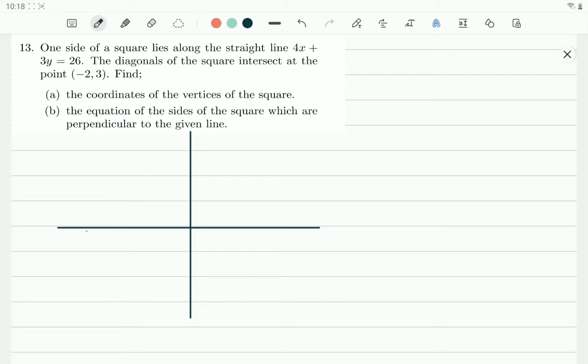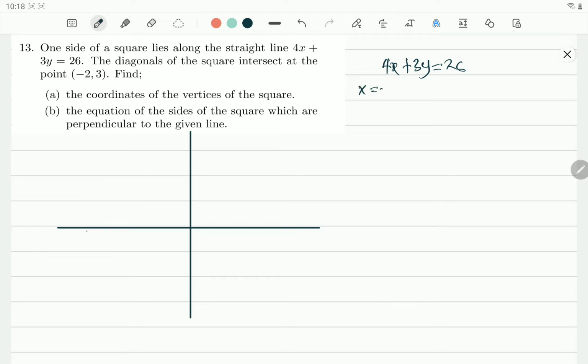One good thing to do about questions like this is always to plot the information given to you to scale, so that you can reason along the line and get your answers easily. So we have 4x plus 3y equals 26. We want to plot this line, and we can easily use the intercepts.